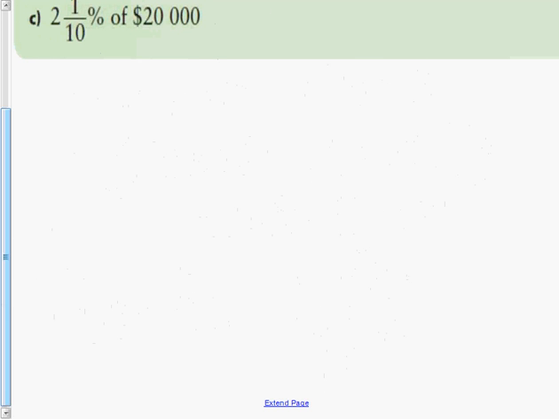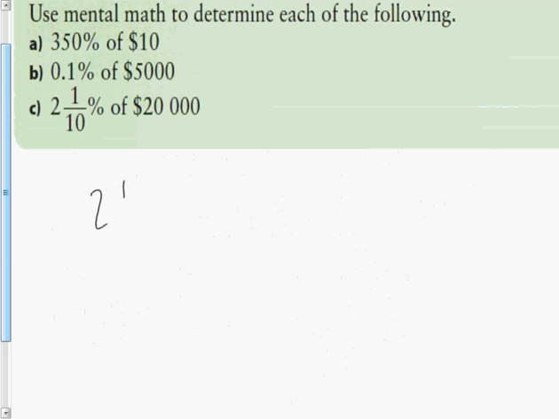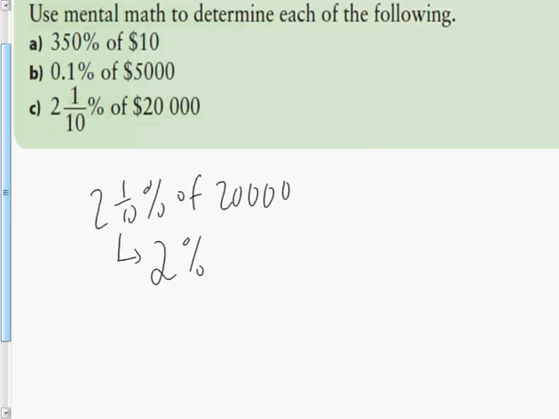And the last one, what is 2 and a tenth percent of $20,000? What I'm going to do here is think of this as being 2% and a tenth of a percent. Since 1% is $200, and all I did was move the decimal 2 places to find 1%, then 2% would be double that, which would be $400.